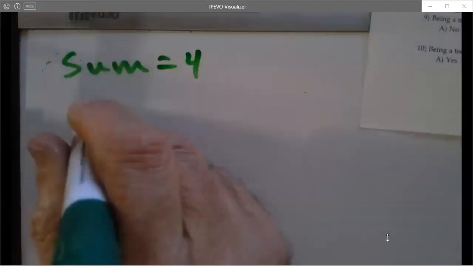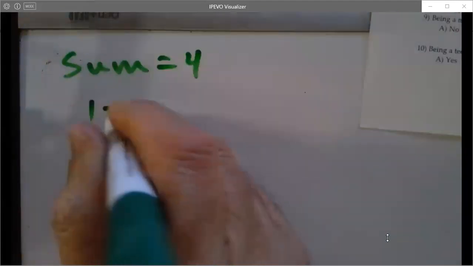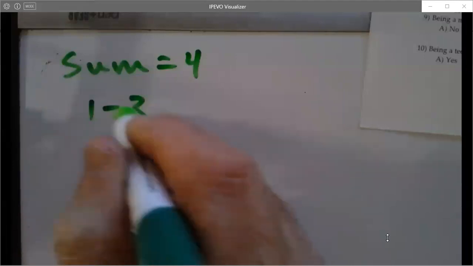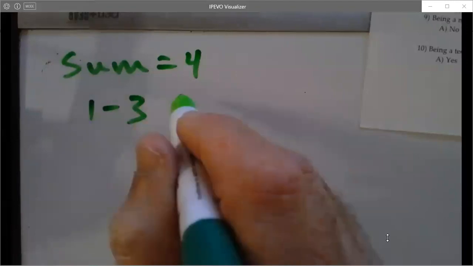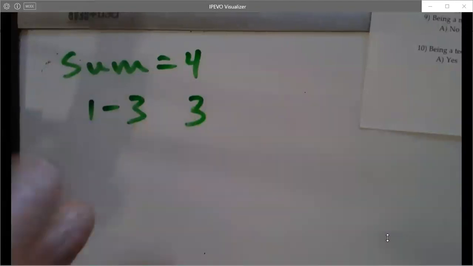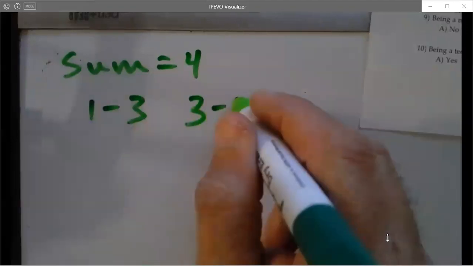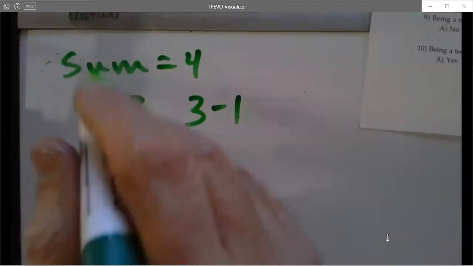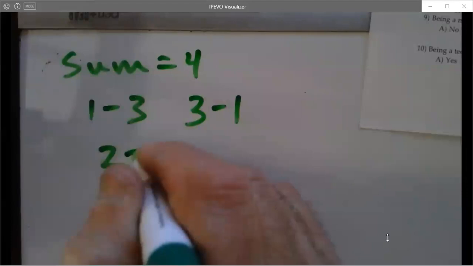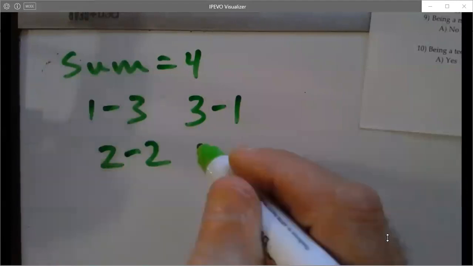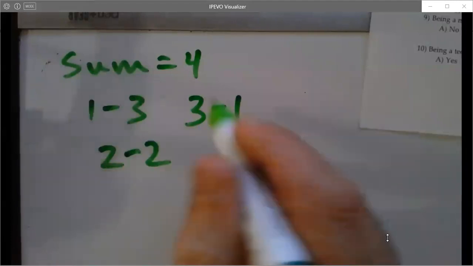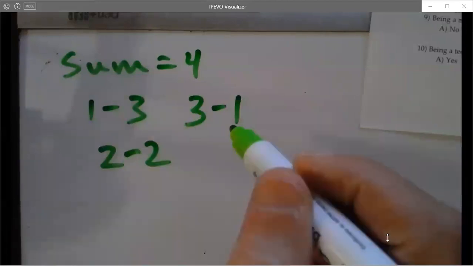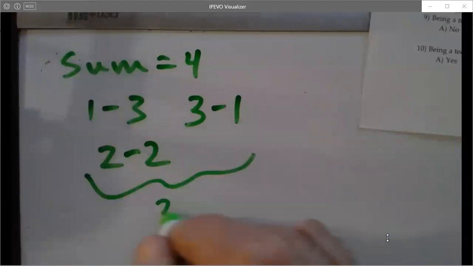So you've got a 1 and a 3: the first die is a 1 and the second die is a 3, they add up to 4. Or you can flip it: the first die is a 3 and the second die is a 1. Then 2 can only be 2 and 2. So you've got 1 and 3, 3 and 1, and 2 and 2. That would be a total of 3.